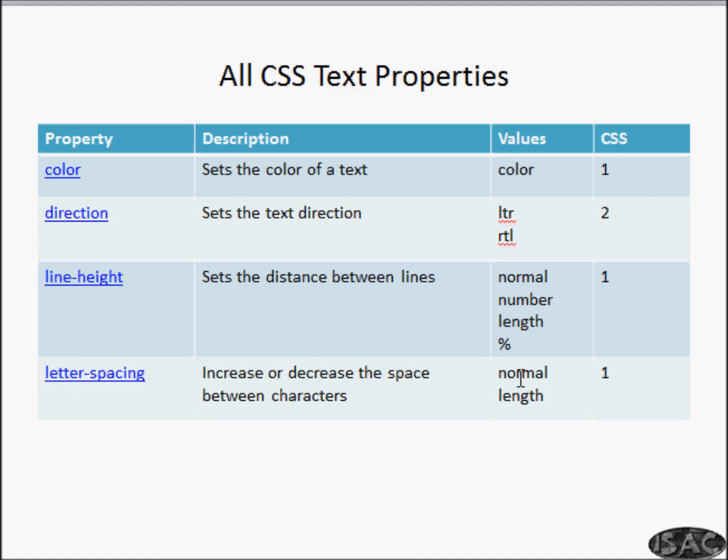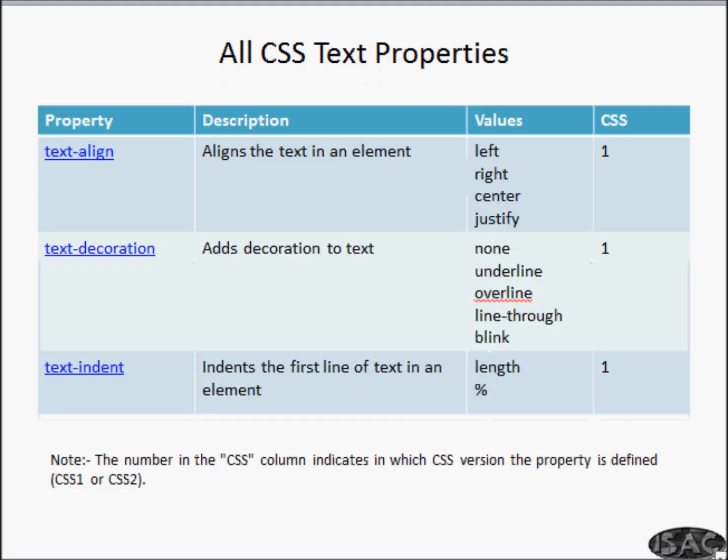Letter-spacing again you can say normal or pass some length here. These are all properties of CSS1 and CSS2. Text-align you can pass left, right, center, justify. Text-decoration you can pass none, underline, overline, line-through, blink. Text-indent, how much indentation you want, you can pass a percentage here, right?